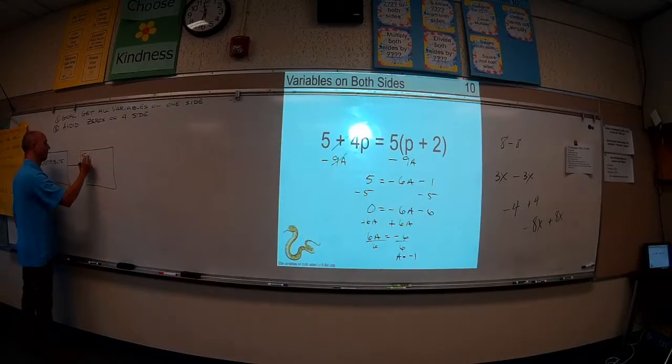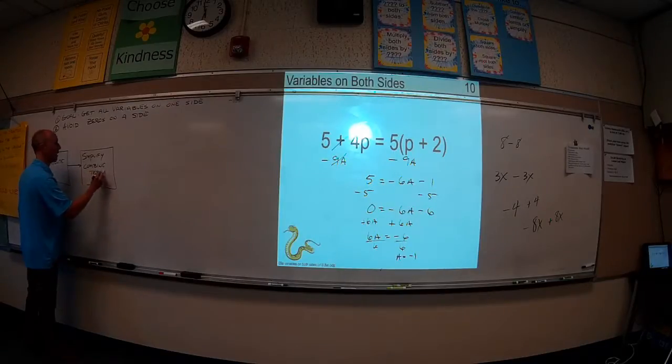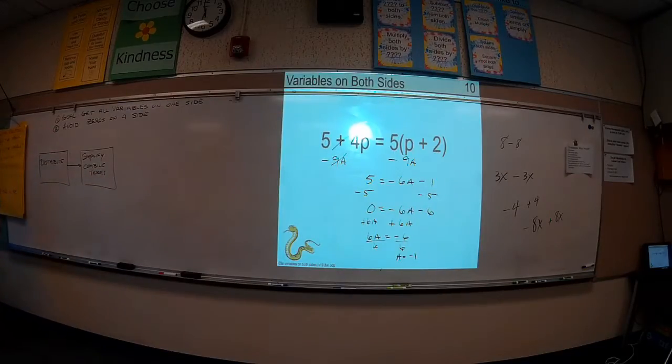Simplify, also called combining terms. If you have a couple of X's that can add together, add them together. If you have a couple of air bubbles that can add together, add them together.